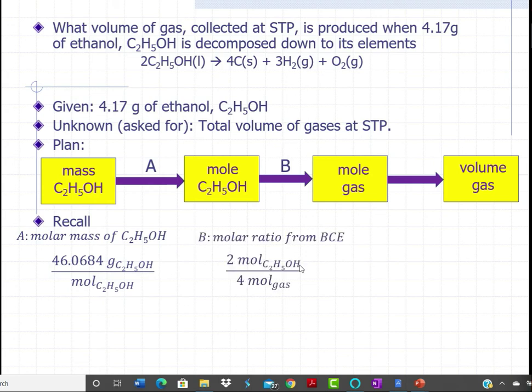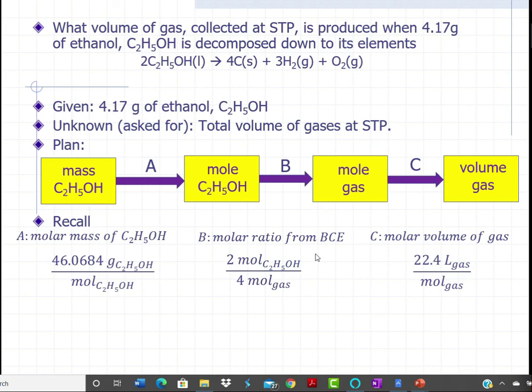So we have a 2 to 4 ratio. And again, that comes from the fact that there's 3 moles of hydrogen plus 1 mole of oxygen. That's where the 4 comes from. And then for step C, we already saw we need a molar volume of a gas at STP, and that's 22.4.